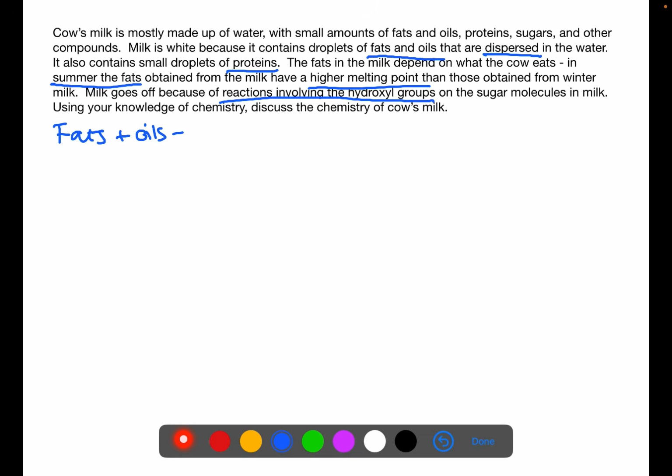The first thing they mention are the droplets dispersed in water. So this is an emulsion. So you could define emulsion, you could draw a diagram of an emulsion, and you could mention the need for emulsifiers for them to stay suspended.